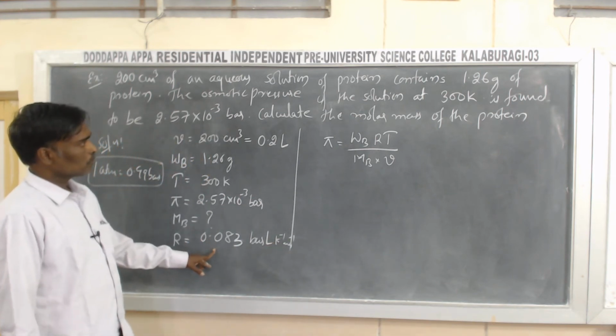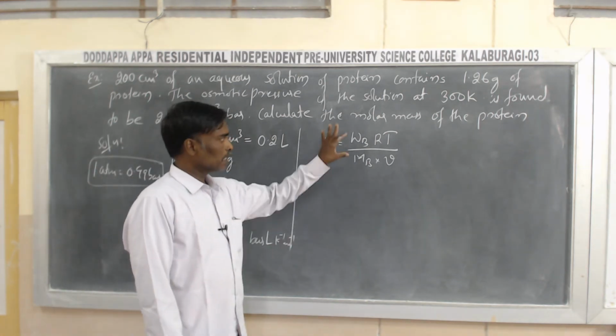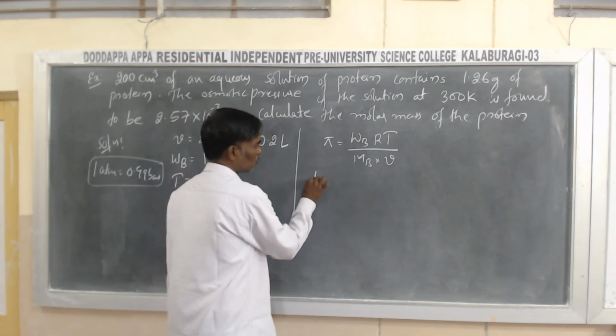Now you know all the values, substitute in this equation and calculate MB. Before substitution, rearrange the equation for the unknown.